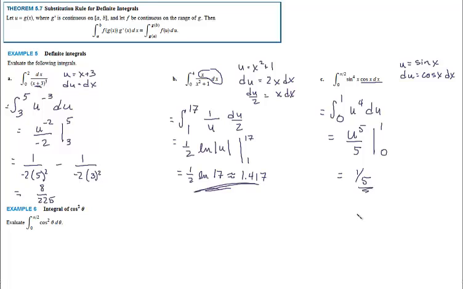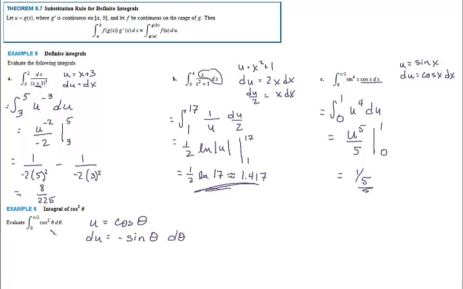Alright, almost done. Here we go, the integral of cosine squared theta. This one's going to be a bit tricky. So if I let u equal cosine theta, du is actually going to be minus sine theta d theta.